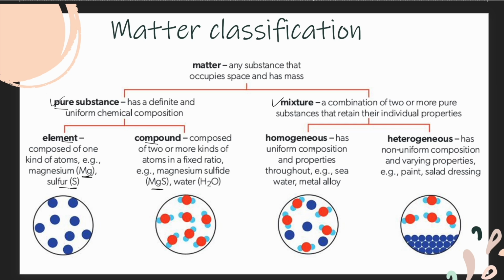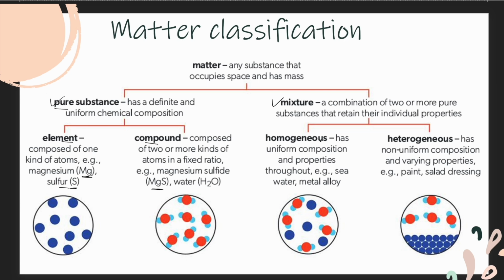So now let's talk about mixtures. They are divided into two categories: homogeneous and heterogeneous. Homogeneous mixtures have the same composition everywhere and the components can't be distinguished. Like when you dissolve sugar into water, you can't see the sugar because it's completely dissolved in the water. Homogeneous is also like air.